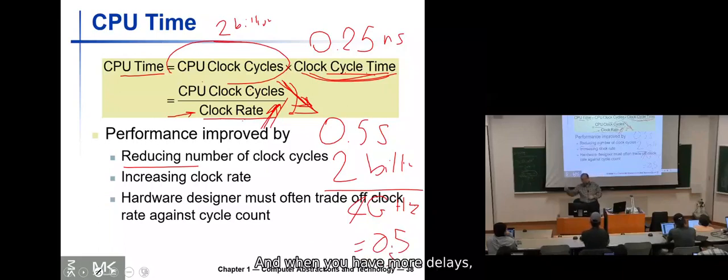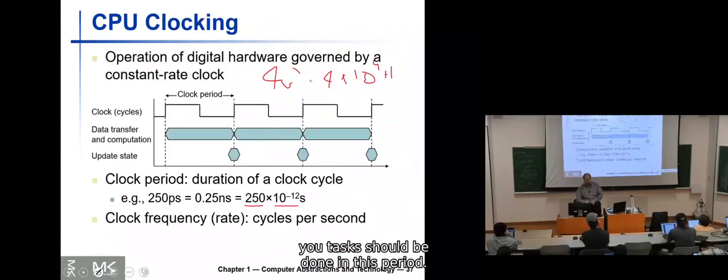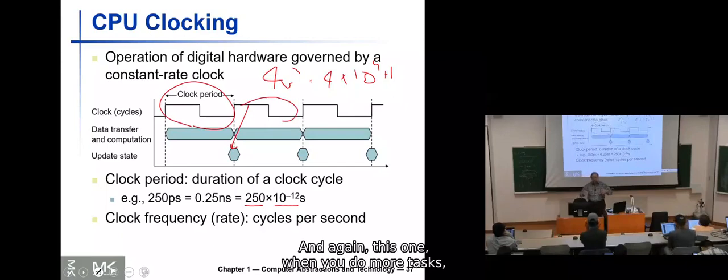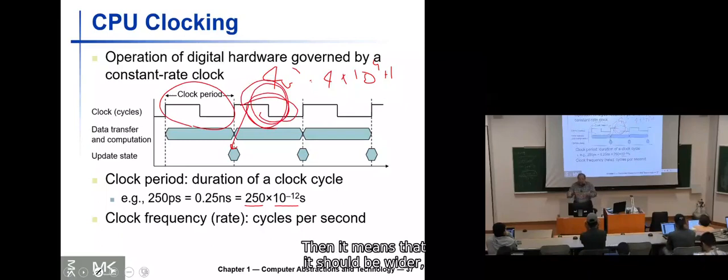And when you have more delay, it means that the frequency is lower. Here I showed you, the tasks should be done in this period, so at that time everything would be ready to go to the next state. When you want to do more complex tasks here, it means that it should be wider, it should be longer, and then it means that it should be lower frequency.